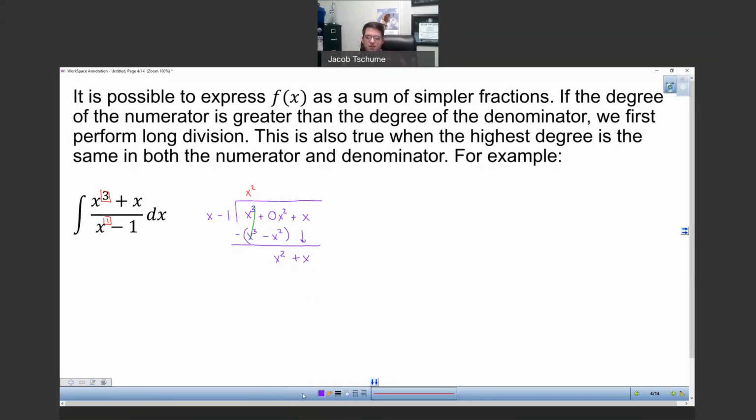So the next thing I would go into is, to get rid of the x squared, I have to do a plus x, because x times x is x squared, and x times negative 1 is negative x. I'm going to subtract both of those again. Once again, the x squareds cancel like I want, and x minus a negative x is 2x. Now that the powers match, this will be the last time you have to do it.